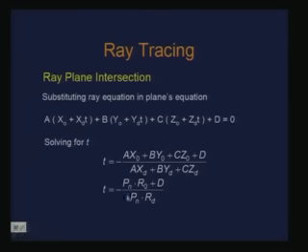Further simplification can be observed by looking at this in the dot product form of vectors. This is nothing but the dot product of the normal with r0, and this is nothing but the dot product of the normal with the ray direction.